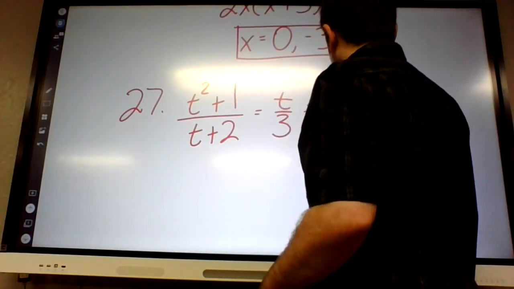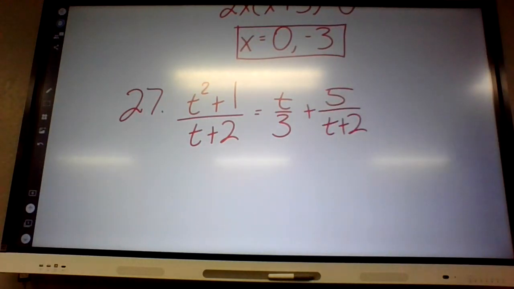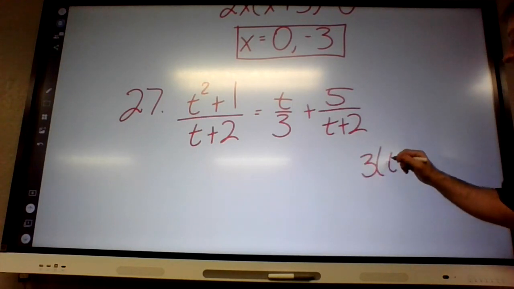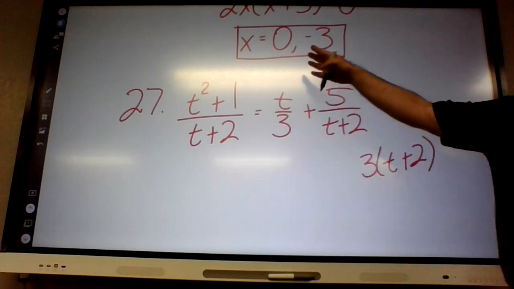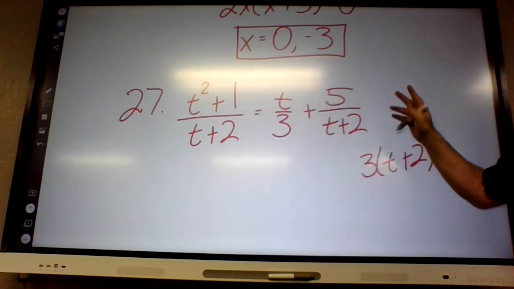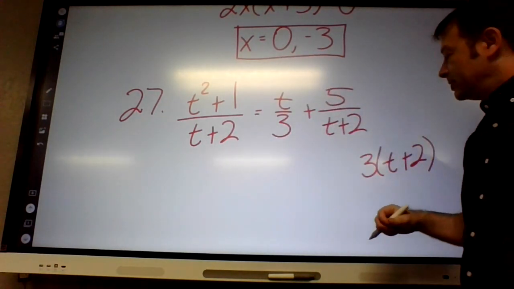Alright. Do you guys know what the common denominator on this one is going to be? 3t plus 6, or 3 parentheses t plus 2. You could call it 3t plus 6, but I wouldn't do that because it's going to cancel out. So I'll just leave it in that form.